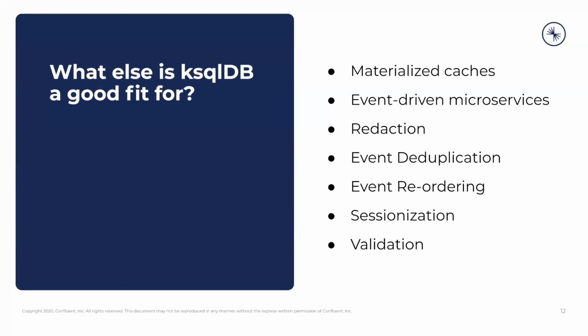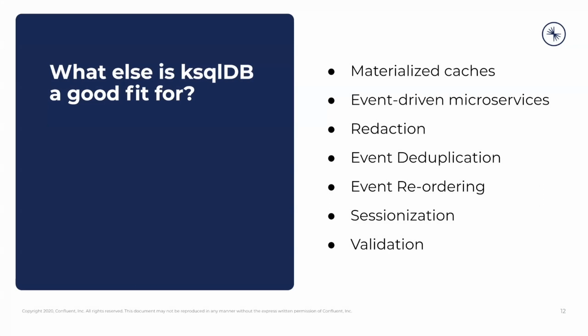A push query is, I'm just going to listen to the output of this KSQL stream processor. A pull query is, give me the value for this key right now. It's like a database query. So give me the current account value for this account ID. It lets you query the materialized cache for a key.